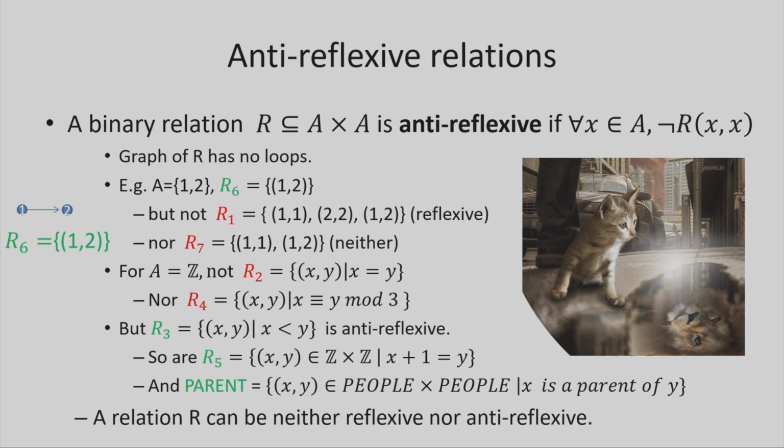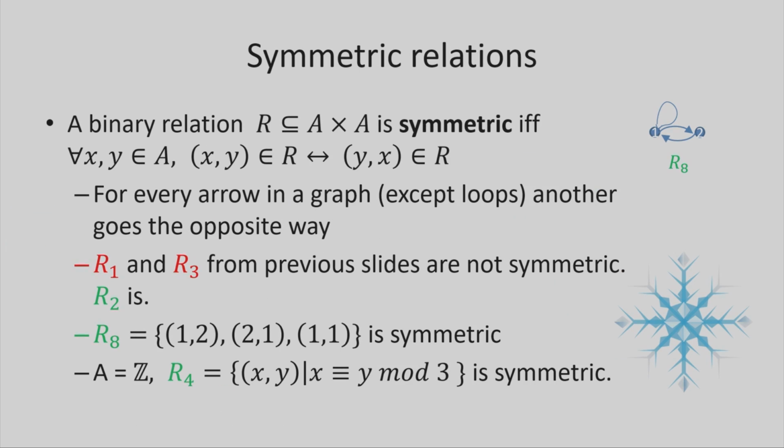It's not just not reflexive, it's anti-reflexive because nobody is their own parent. And again, most of the relations out there are neither reflexive nor anti-reflexive. Some elements are related to themselves, others aren't, but the ones that are reflexive and the ones that are anti-reflexive are pretty useful, and some of the big common ones are in one of those categories.